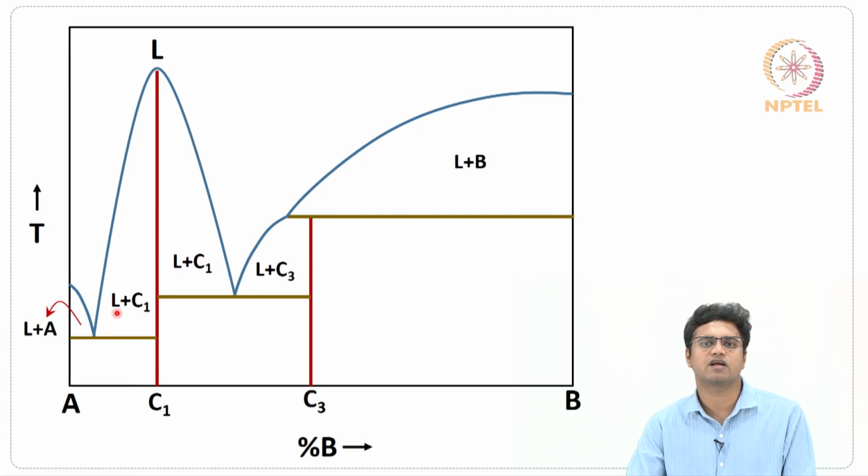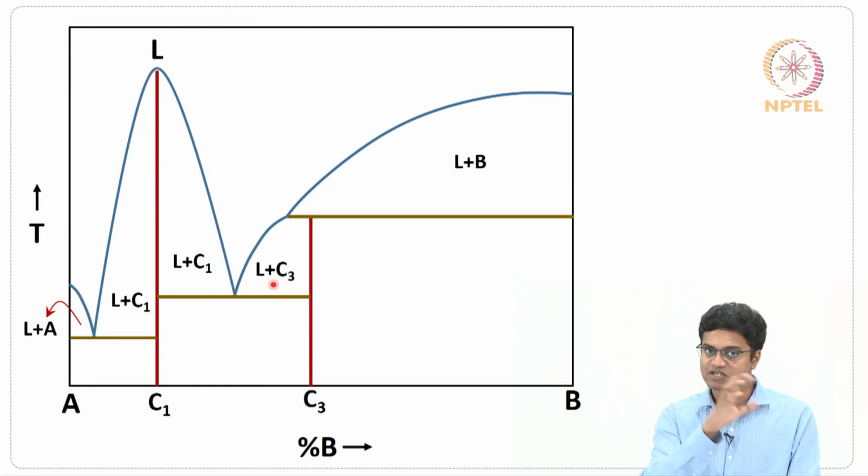You have L plus A, L plus C1. If you draw a tie line here, it terminates at C1 as well as single phase liquid, so it has to be L plus C1. Then C1 is a congruently melting compound and C3 is an incongruently melting compound. I have introduced two eutectic invariant points also.